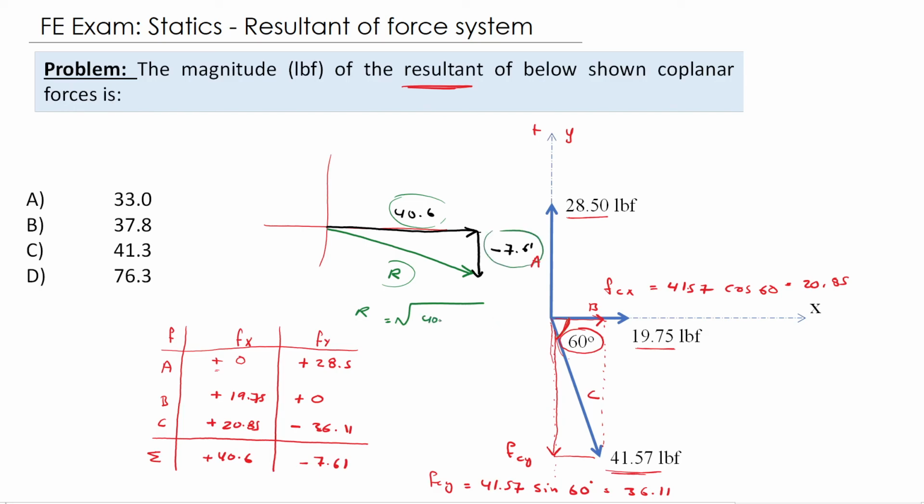So we have 40.6 squared plus negative 7.61 squared, and that is 41.31 pound force.